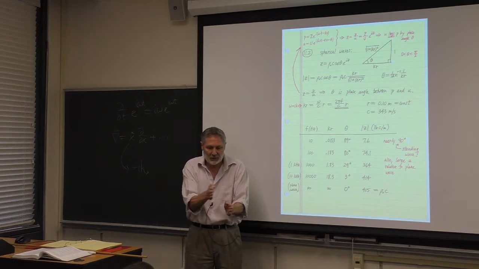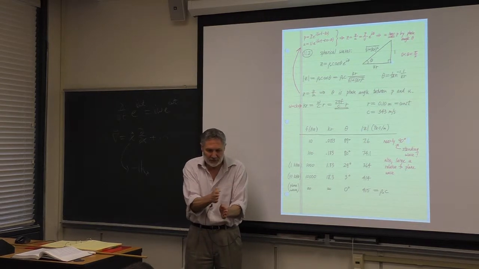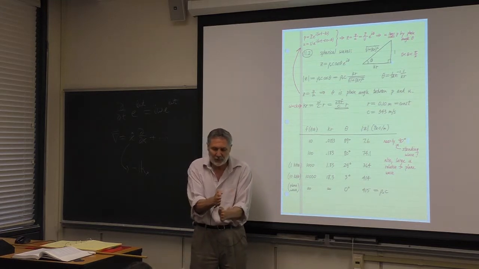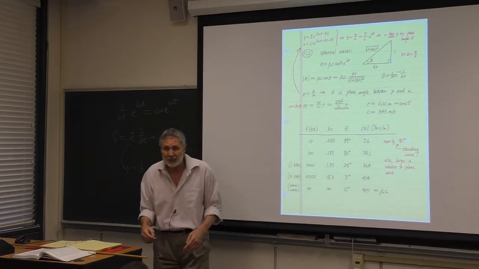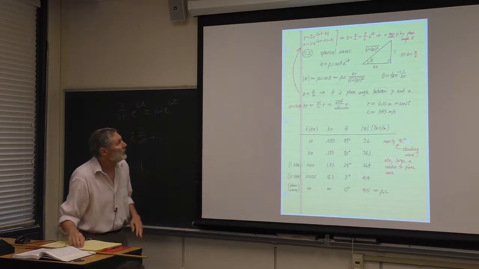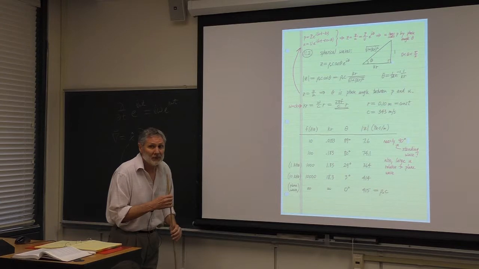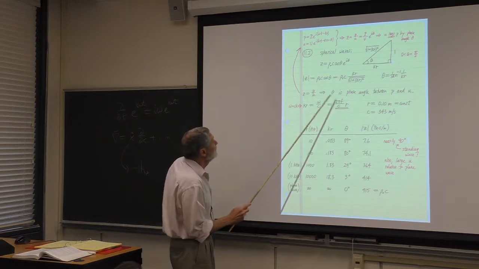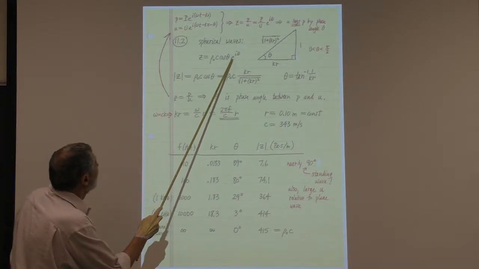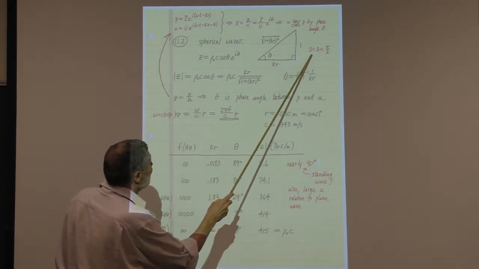So what does it look like? It's possible for the pressure to lead the particle velocity. See what I'm doing here with my hands? The pressure is leading the particle velocity, or it could be the other way around. I'm talking about it now, we didn't talk about this in lecture. If you look at the theory here, we have this e to the i theta. Theta is positive.